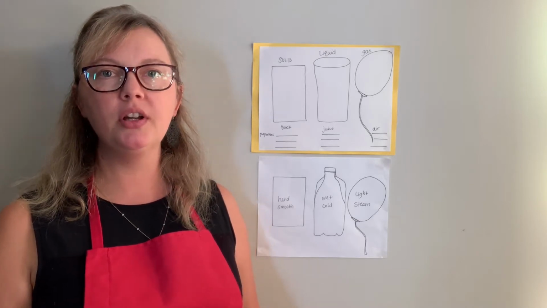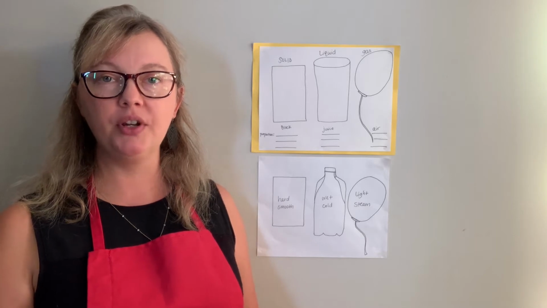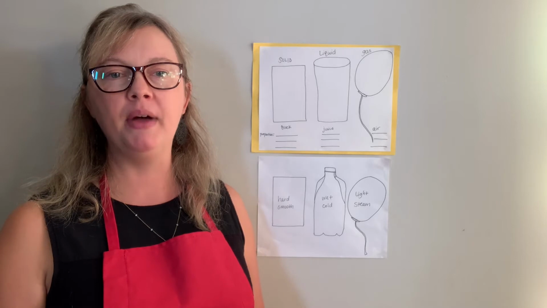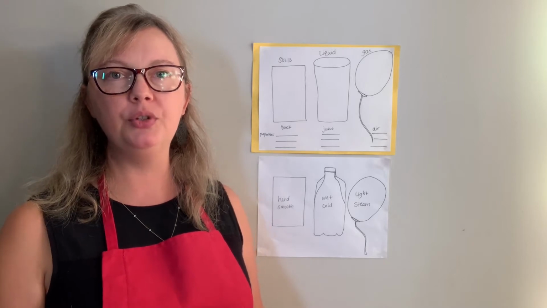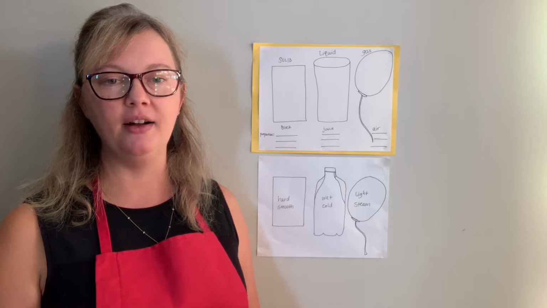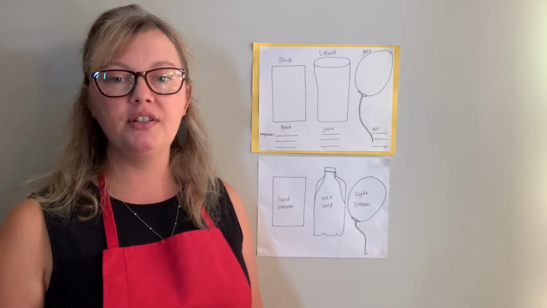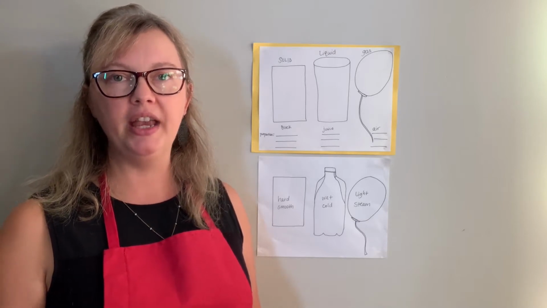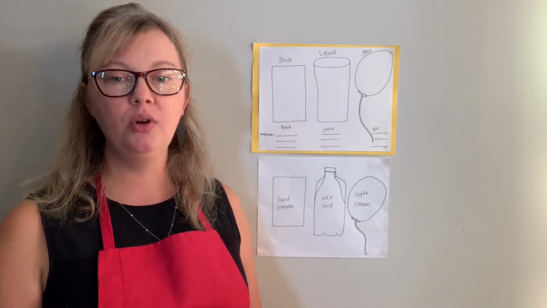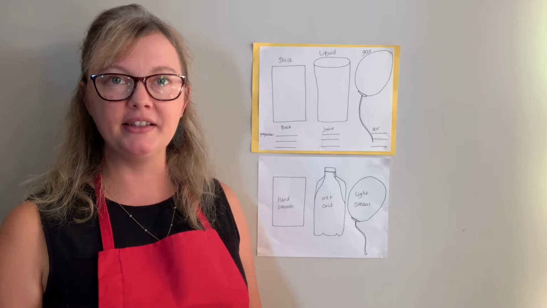We are going to work again on matter, and we're going to finish your unit of science about matter. We're going to quickly review our 3 states of matter. I think you know them really well by now. And then we're going to focus on how we can change matter or recycle matter to create new things.